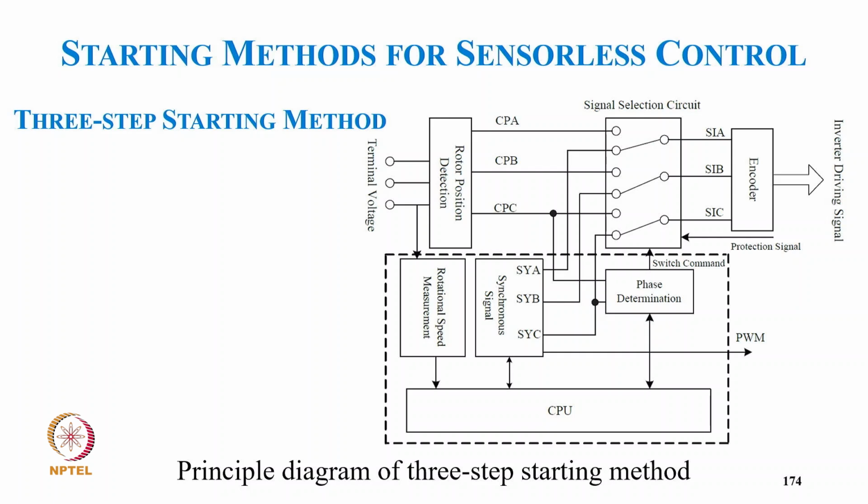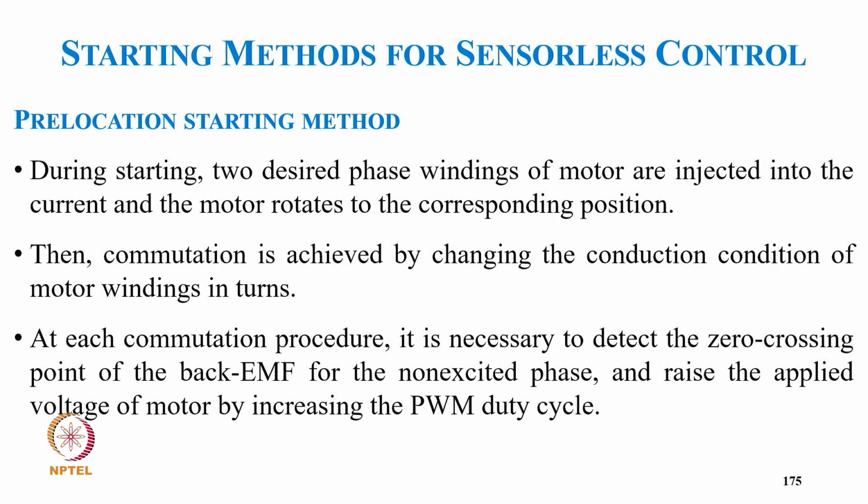So here is the 3-step starting phasor diagram. We have terminal voltage sensing from which we get a detector. Then we give this voltage also to the estimator for position measurement, and then the synchronous signal and the phase determination, and we get the PWM output from that, and that gives the signal to the selection switch with the phase determination, and finally the signal to the encoder driving the inverter.